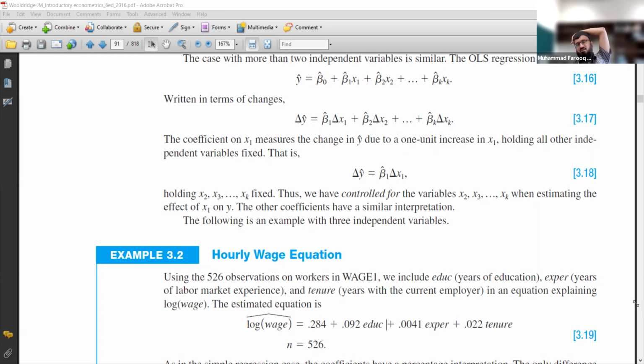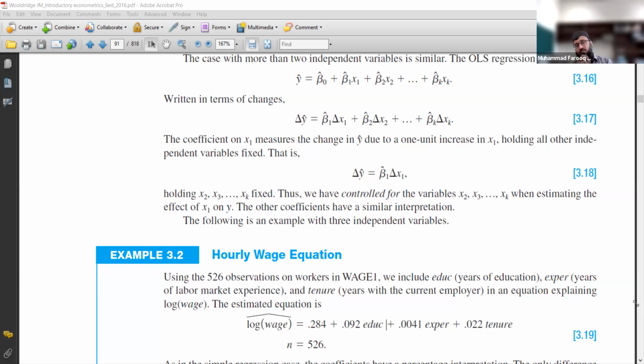So we say that a 1 unit increase in education, keeping experience and tenure fixed, is associated with a 0.092 unit increase in what? In our dependent variable, which is log wage. Or we can say a 0.092 unit increase in predicted log wage hat, right? Because that's the dependent variable in this equation.